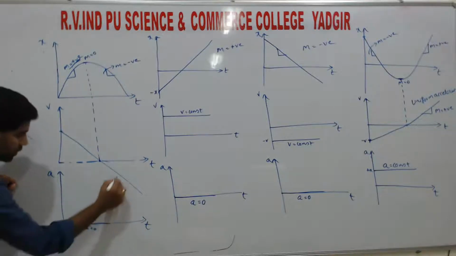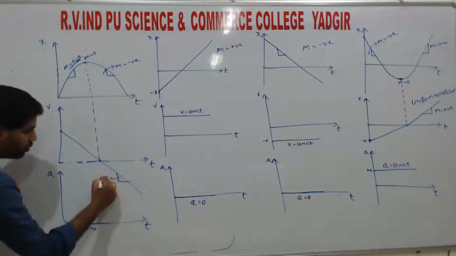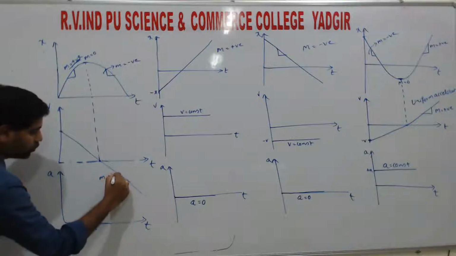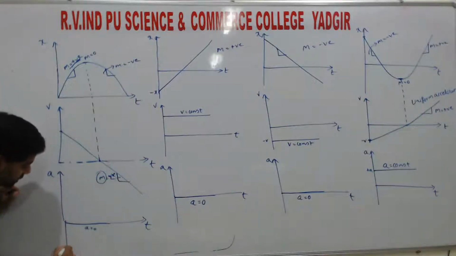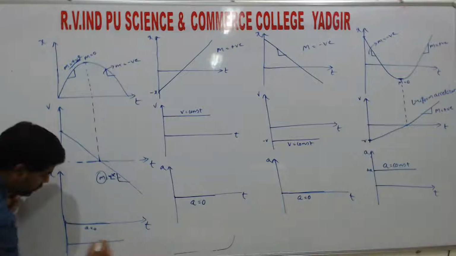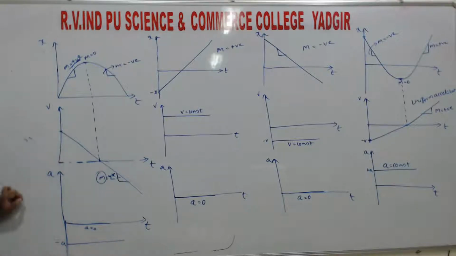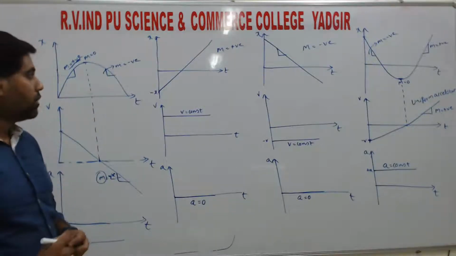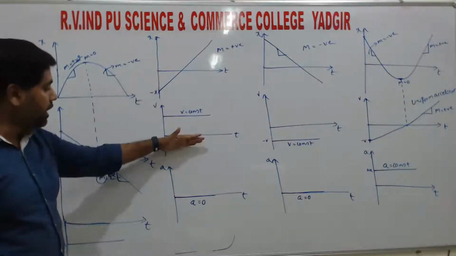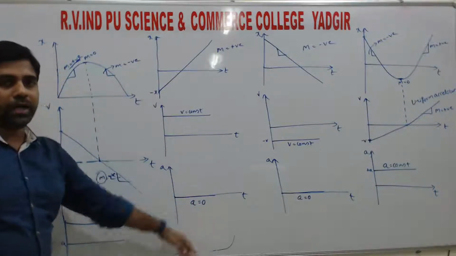So here slope is negative, m is negative. So here slope is negative means acceleration is negative. So that's why here we take a minus. Right? So these are the conversions of graphs from xt to vt and then vt to at.